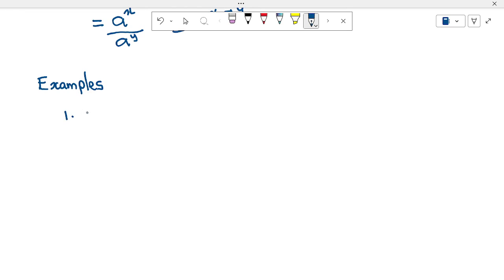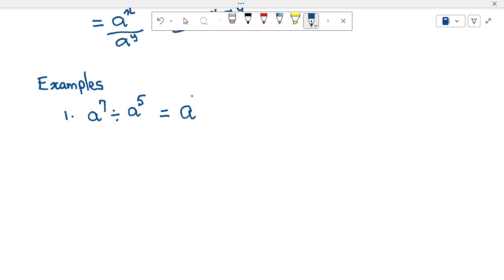Example 1. A raised to power 7 divided by a raised to power 5. Can somebody tell me what it will give us? Good.